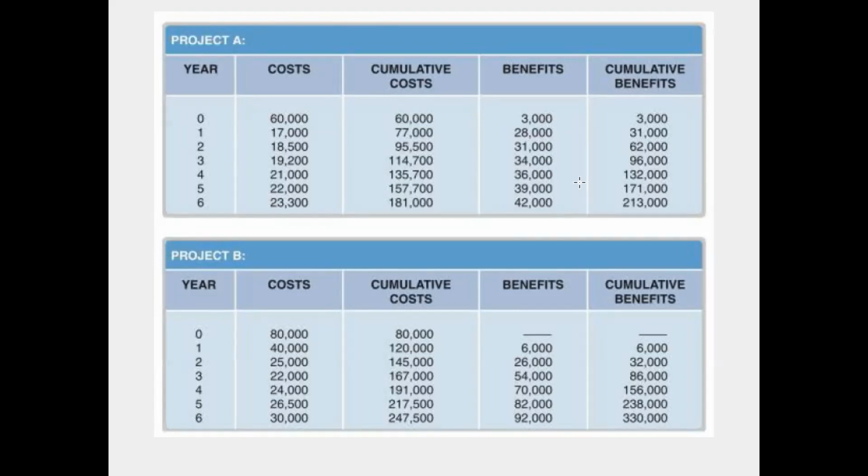Just by observing the costs, what you can say right now is that between year number 4 and 5, cumulative costs and cumulative benefits meet each other. That means after 4 years, basically the amount of money you spend will be the same as the amount of benefits you are getting.